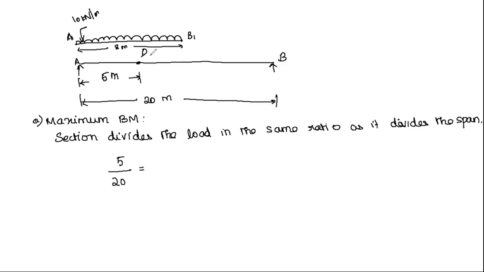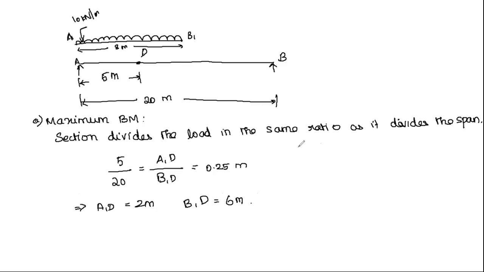So this load also has to be divided in this same ratio, that is A1D divided by B1D, which is equal to 0.25 meter. From this we can obtain A1D is equal to 2 meter and B1D equal to 6 meter.